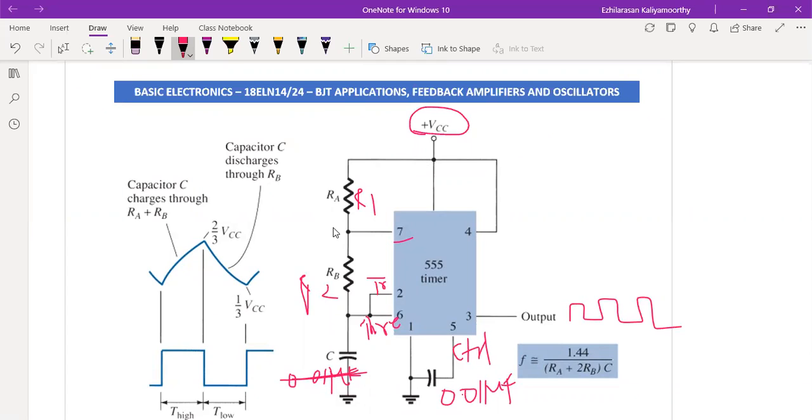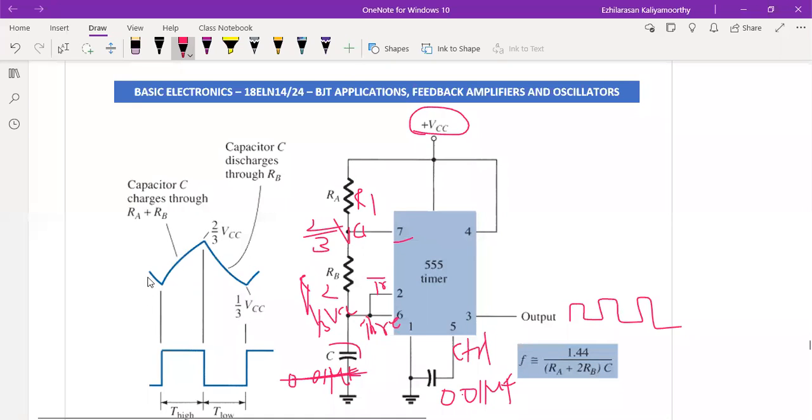This will be 2/3 VCC and this will be 1/3 VCC, as we saw earlier. So this capacitor C charges towards VCC through the resistances RA and RB.